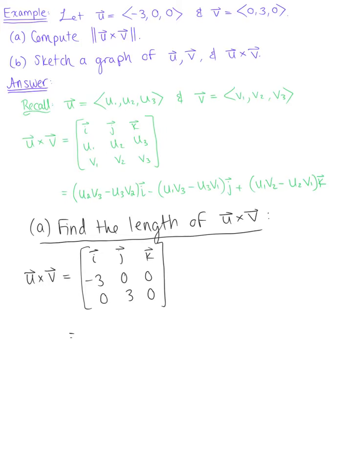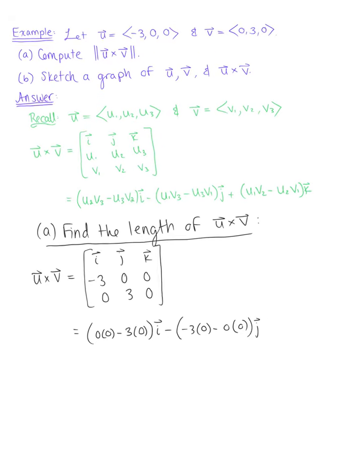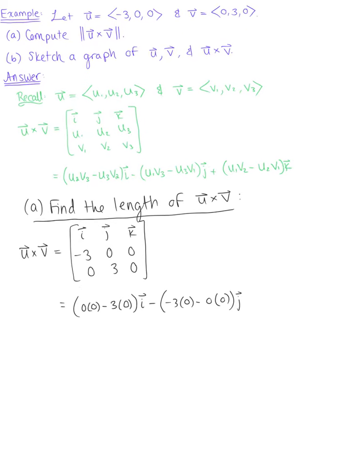And applying our cross product formula here, we have 0 multiplied by 0 minus 3 multiplied by 0, i hat, minus -3 multiplied by 0 minus 0 multiplied by 0, j hat, and running out of room again, plus -3 multiplied by 3 minus 0 multiplied by 0, k hat.